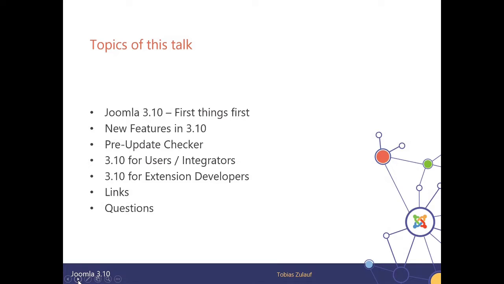And then I'm going to explain how you can see 3.10 in the scope of what it includes, how it should be used from the side of users, and how extension developers should look at it. I've also included some links and questions. At the end of the presentation, there's a QR code where you can download the slide deck, so no need to type all the stuff, and there will also be a recording available.